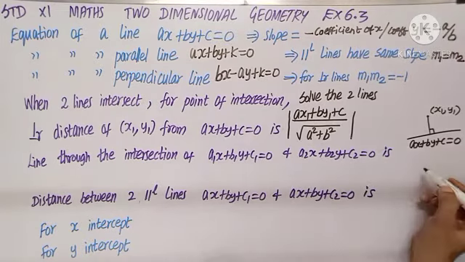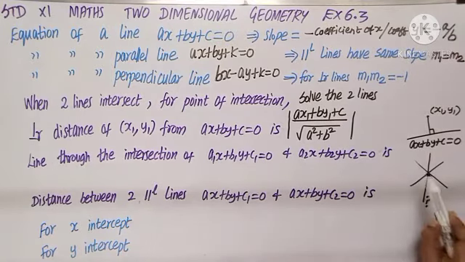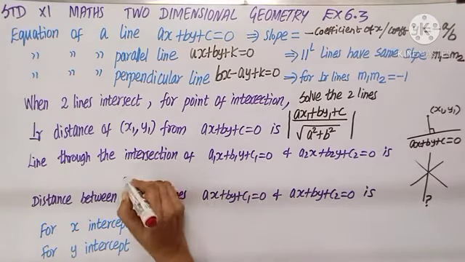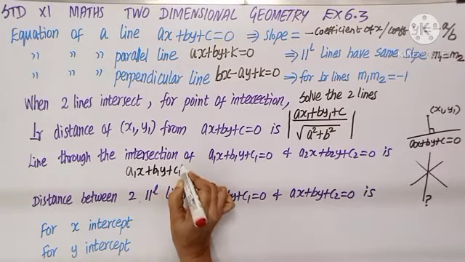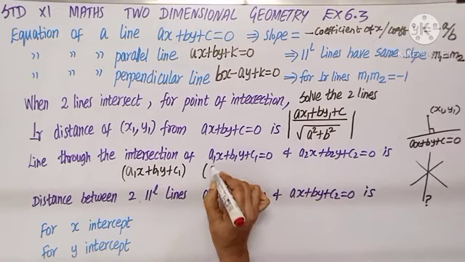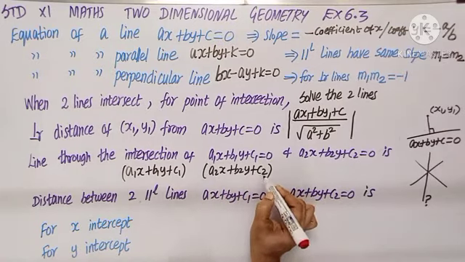Supposing two lines intersect and a third line is passing through that intersection. How to get the third line? The third line is a combination of the first two. How will I write it? The first line is a1x plus b1y plus c1. The second line is a2x plus b2y plus c2.